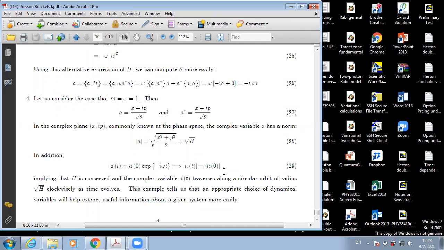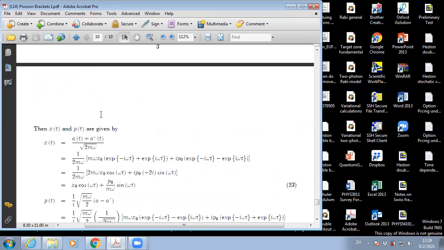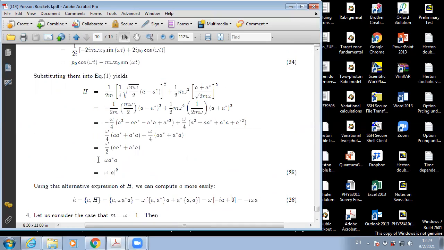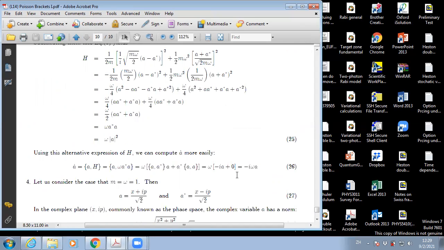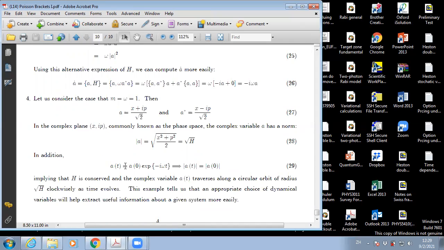Now here, we solved the equation already, right? A dot equals minus i omega A. So it is an exponential function for the solution.